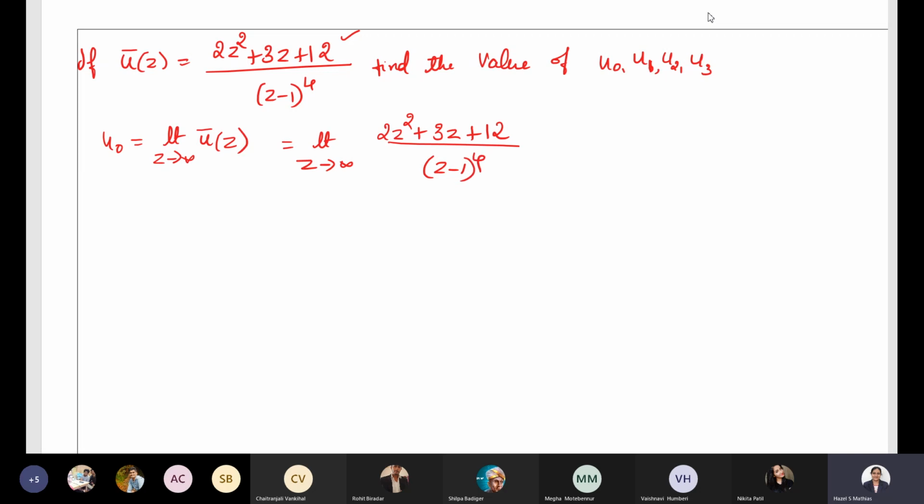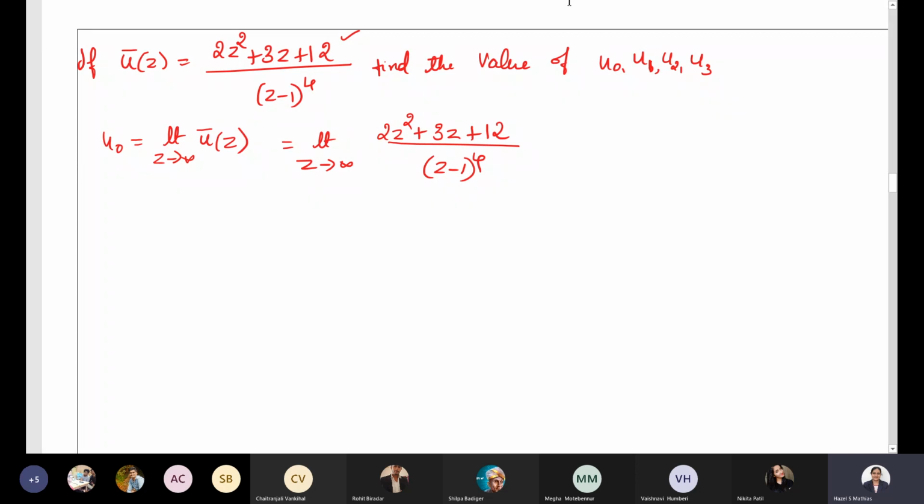Now you need to apply the limit as Z tends to infinity. If you just put infinity wherever Z is, the numerator is infinity and the denominator is also infinity, so it will be of the form infinity by infinity.